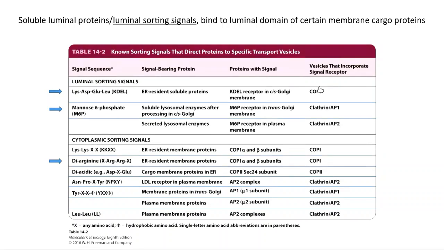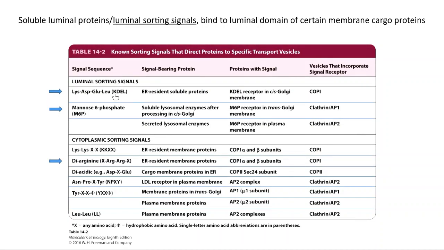Based on the information we have, COP1 vesicles are formed during retrograde transport. That is, when the vesicles bud off from the cis Golgi to the ER. The KDEL receptors are present in the cis Golgi membrane itself.